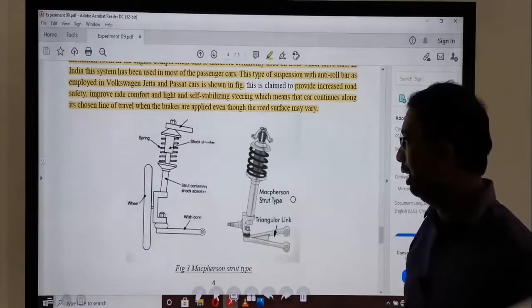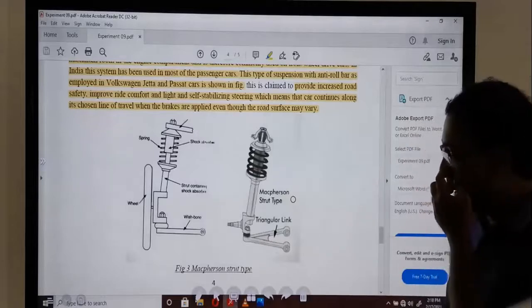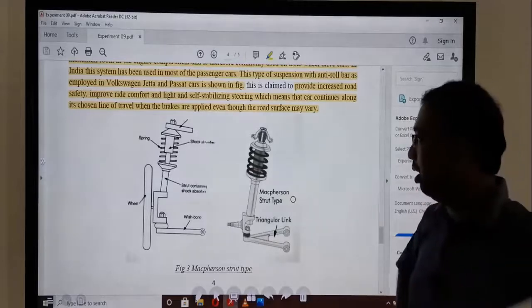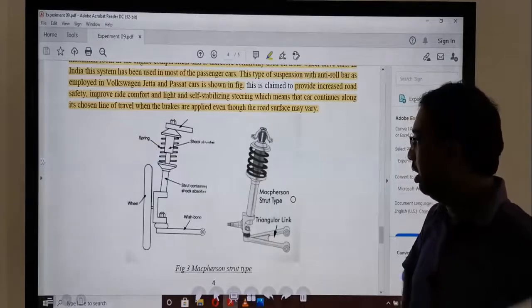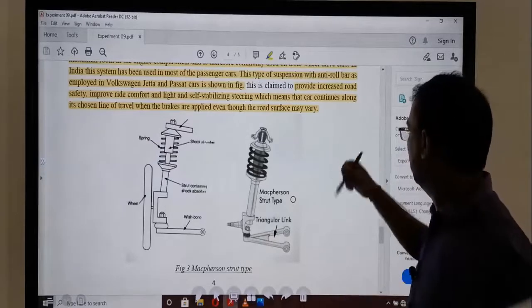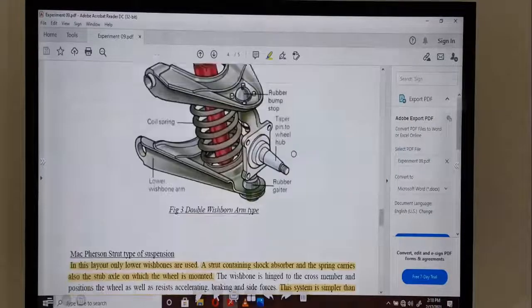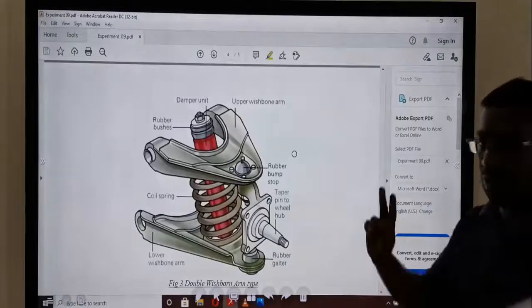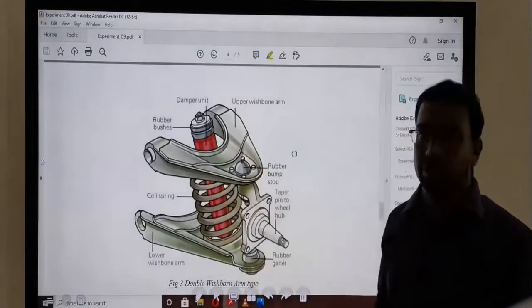Here there is another difference. The shock absorber is fixed inside the coil spring. There are two separate parts: one is the shock absorber, another is the coil spring.